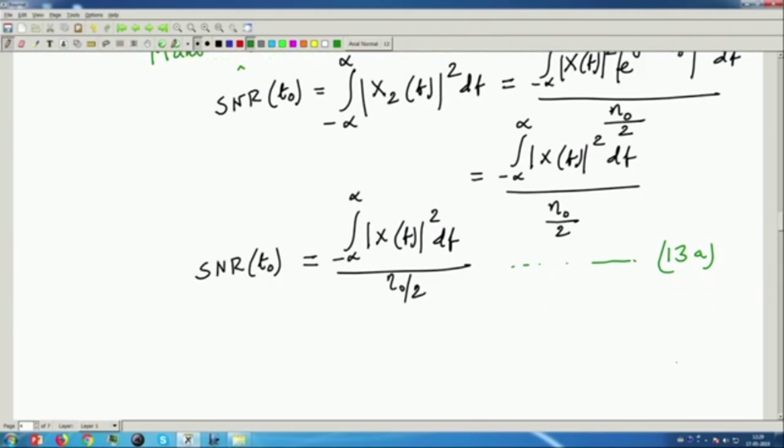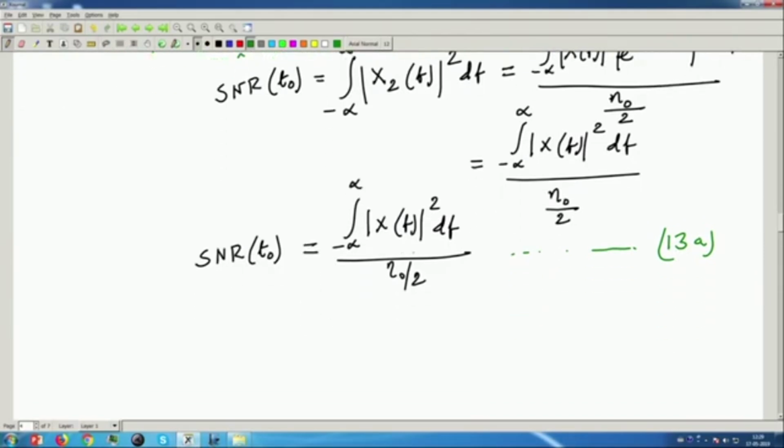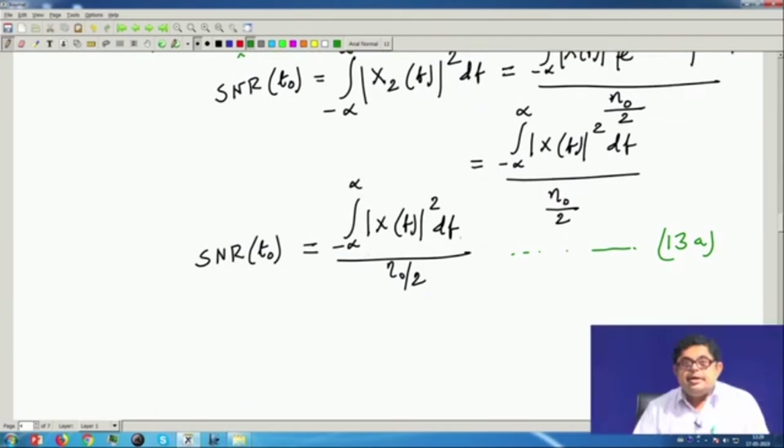Now, we also know what is the numerator of this 13A. You see that X(f) is the Fourier spectrum. So, can I say that this is the signal energy, numerator |X(f)| squared df.